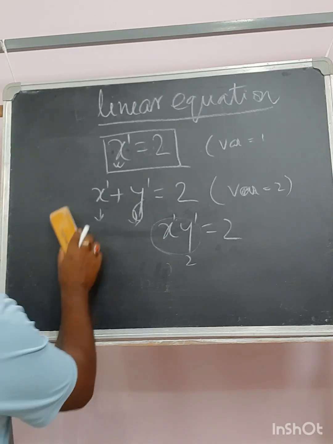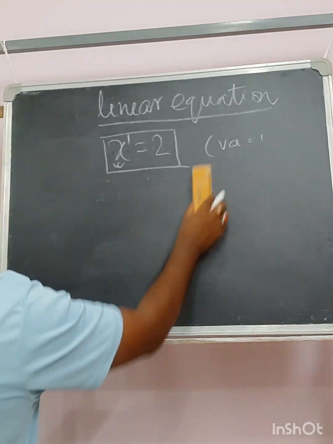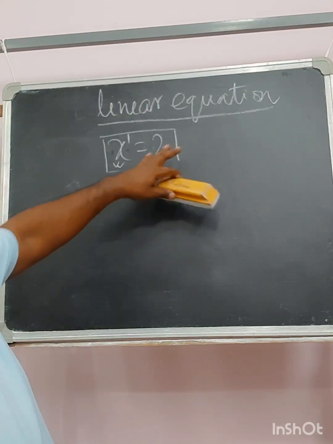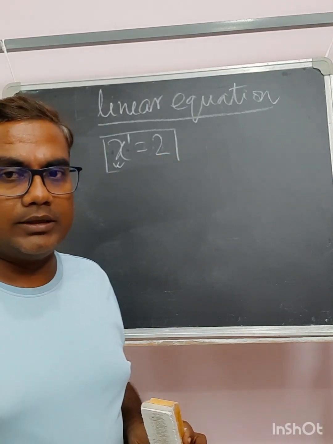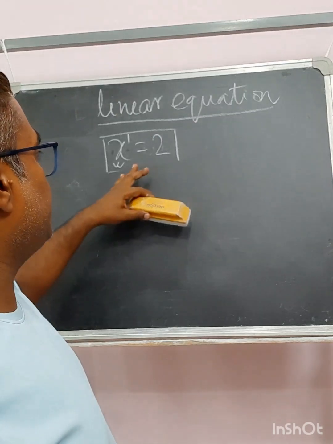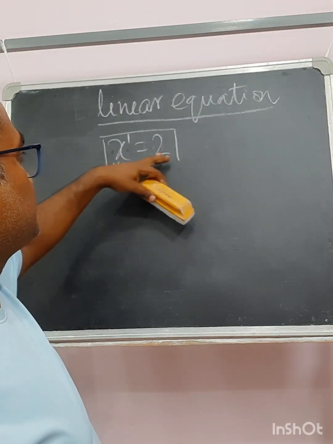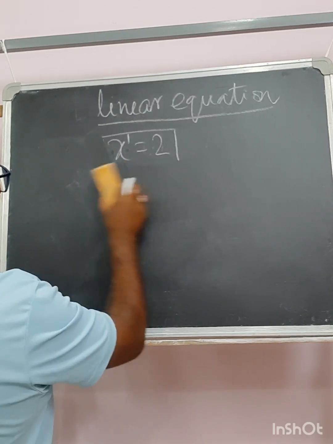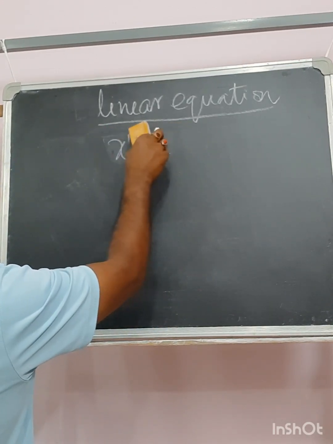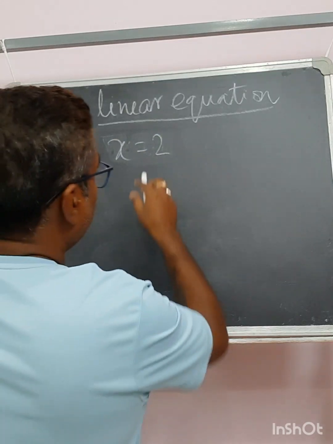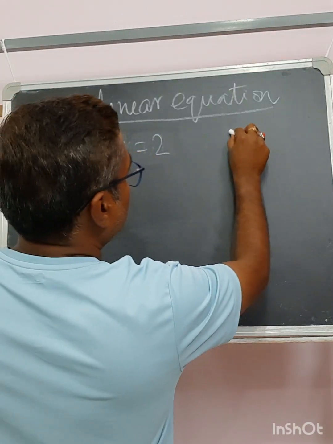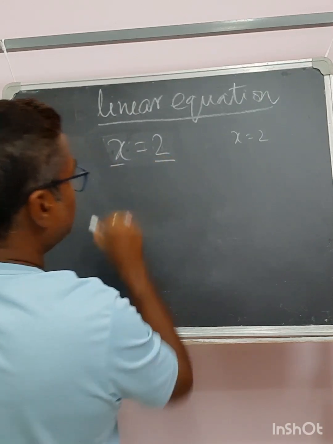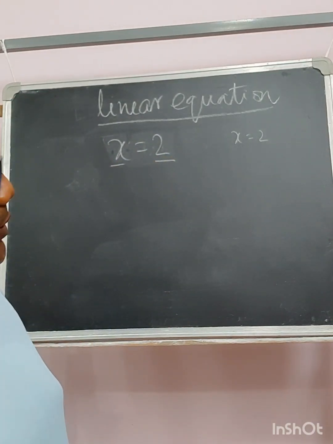Going further with the first example, where I said that the linear equation is x equal to 2. If I say x is equal to 2, you can be confused whether I can see it as an equation. Why should I say it is an equation? Because for x equal to 2 only, the left hand side and right hand side would be equal.